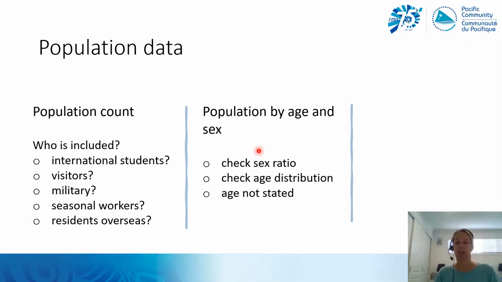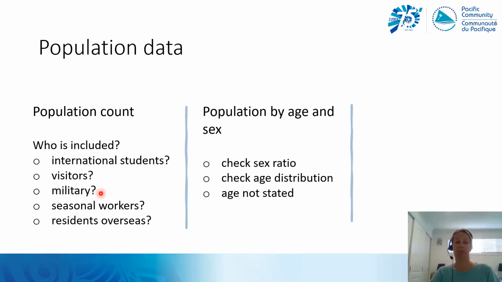So with a sex ratio, we expect as babies are born, we get roughly even numbers between males and females. But as we get into the really old age groups, because women on average tend to live longer, we'd expect to see more females than males. So looking at patterns like that can let us see if we're getting the expected outcomes. But again, be aware you can get anomalies in that.